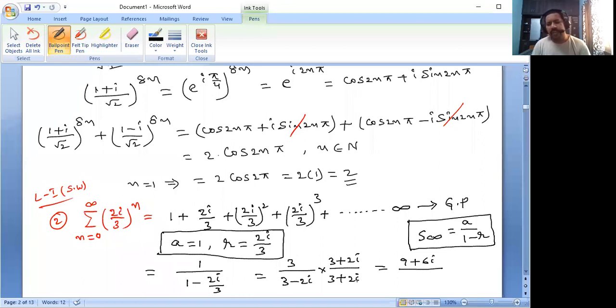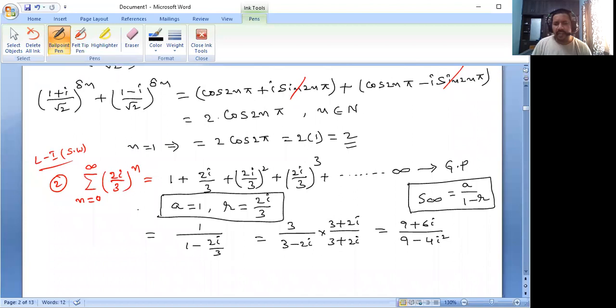Then what about the denominator? a minus b into a plus b, that is a square minus b square. 9 minus 4i square. What is the i square value? Minus 1. So already minus is there, it is going to plus. Denominator 9 plus 4. Final answer is 9 plus 6i divided by 13. This is the answer.